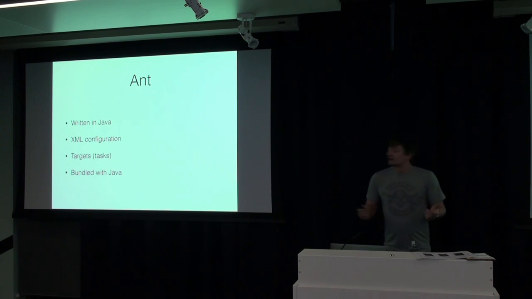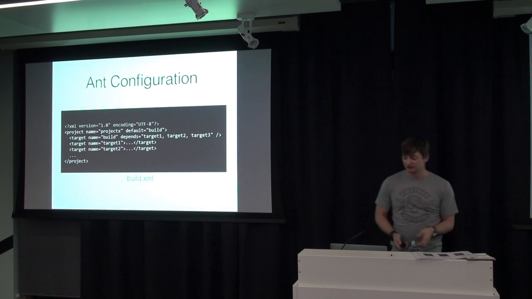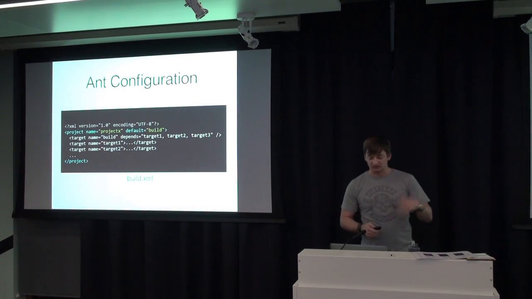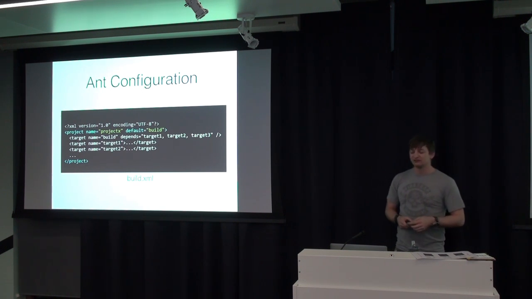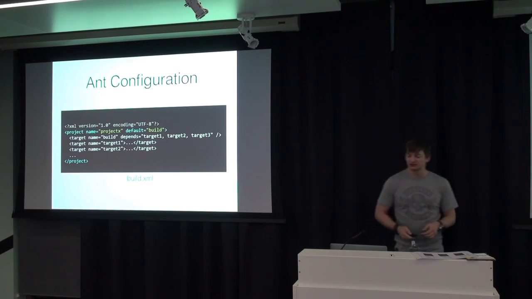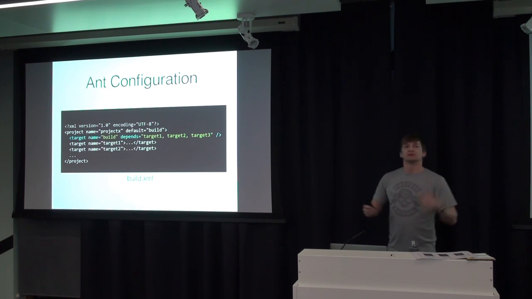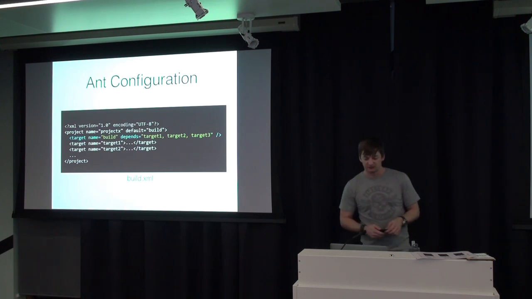So let's start packaging our app. This is the Ant configuration. We start with the project tag, and we name our project. And then there's a default target, so a default job that has to be executed. The default one is build, so yeah, you can change it if you want, but I'm always using the default build.